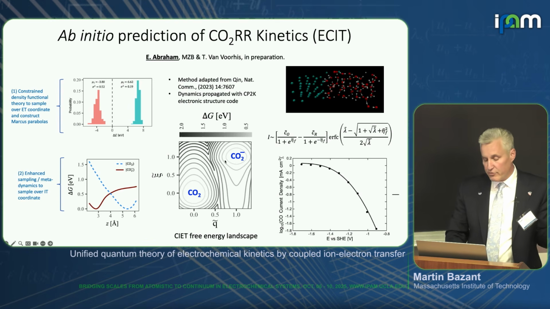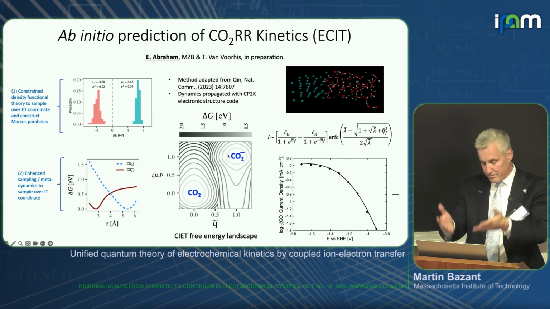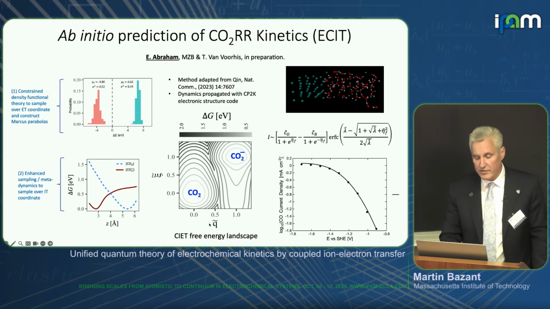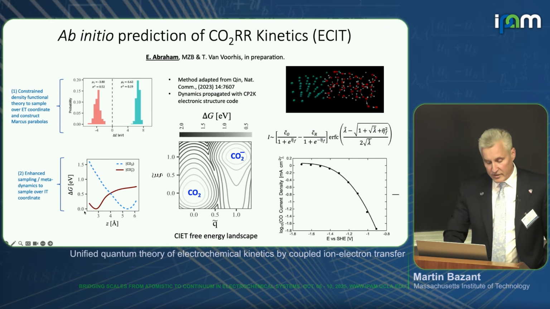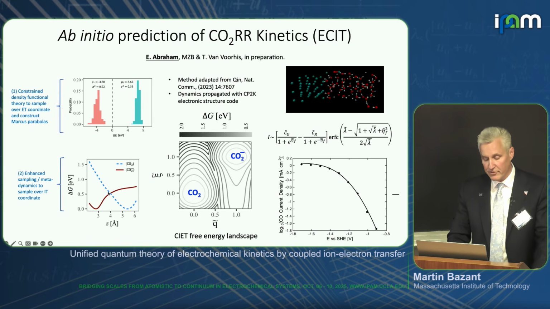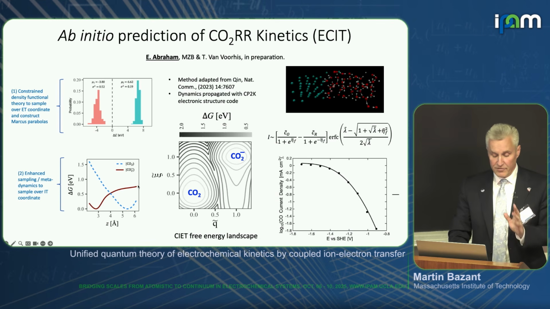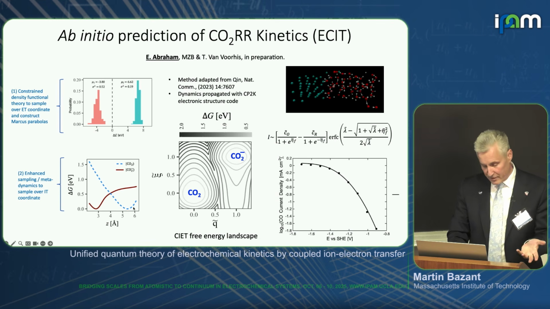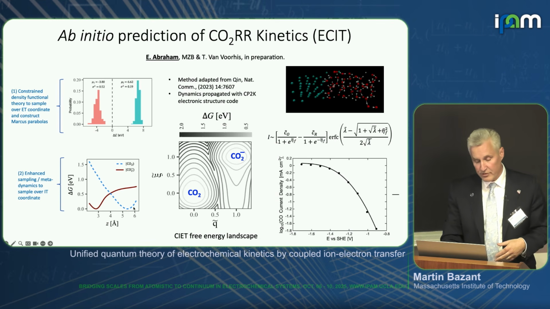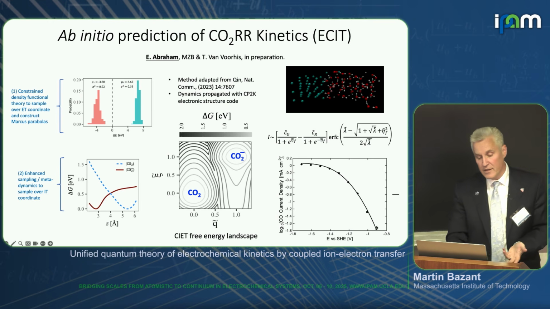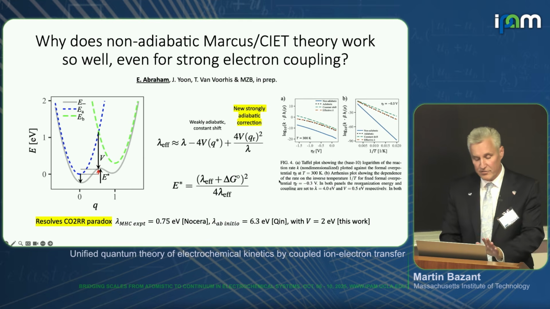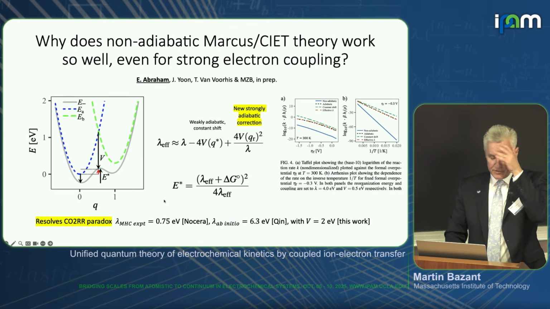Long story short, we do see this nice CIET-like landscape for CO2 reduction. If you look at it from the side, you have these two curves, and where they cross is where the reaction happens. And if we take our ab initio predicted quantities, we can predict the experimental data for CO2 pretty well.